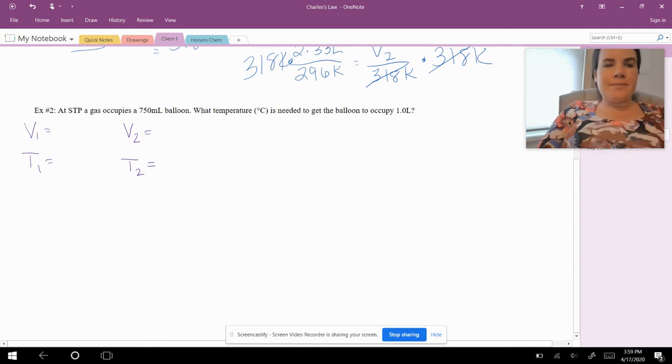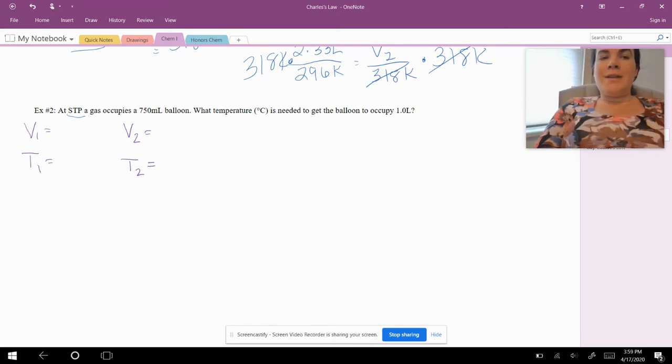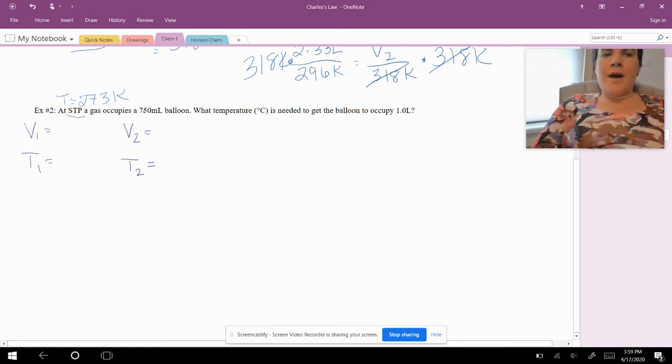So this one, we see STP again, and this time that's again standard temperature and pressure. This time we want the temperature from that, and at STP, temperature is 273 Kelvin. Now with this one, we've got milliliters and we have liters.